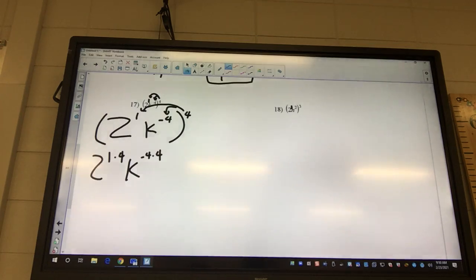I got into an argument yesterday with one of the freshmen. Look at 13 and 14. They look exactly the same, right? They're the same problem, they're different numbers. 15 and 16 are the same problems, they're different numbers. The steps are the same. I always do that, that's why I do half the worksheet.